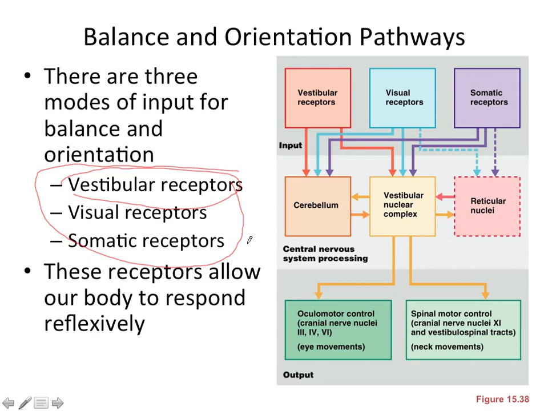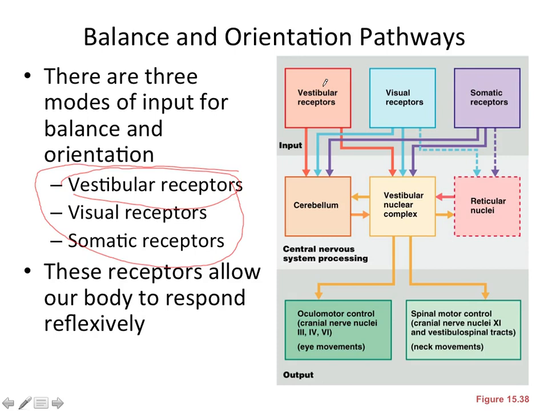For example, if we are walking, we don't pay attention, and then we fall on the floor. First of all, when we are falling, our inner ear, the vestibule and the semicircular canal, will detect our orientation and balance information.